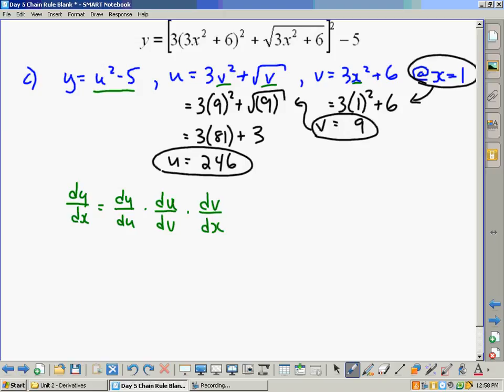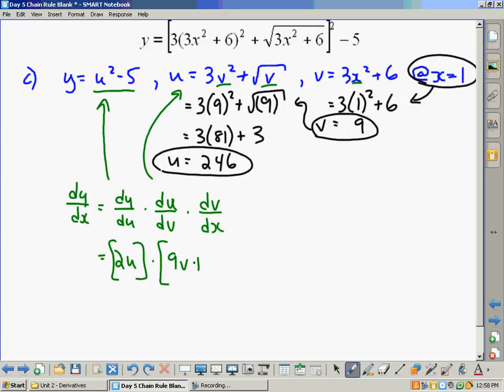And because we're using the chain rule, we've been able to break this question up into 3 smaller, more manageable questions. We differentiate each of them on their own. So dy by du is differentiating this guy. Well, that's easy. It's just 2u. Du by dv is this guy, a little bit more complicated. 3v squared, the derivative of that is just 9v.